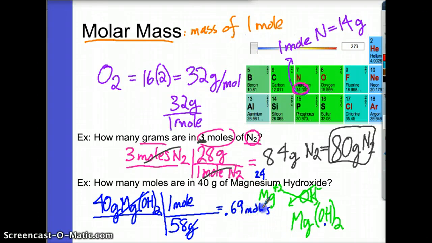Again, if we were watching sig figs, 40 grams is the only given. It has 1 sig fig, so my final answer should be 0.7 moles. 1 sig fig. Let's move on to some more complicated grams to grams conversions now.